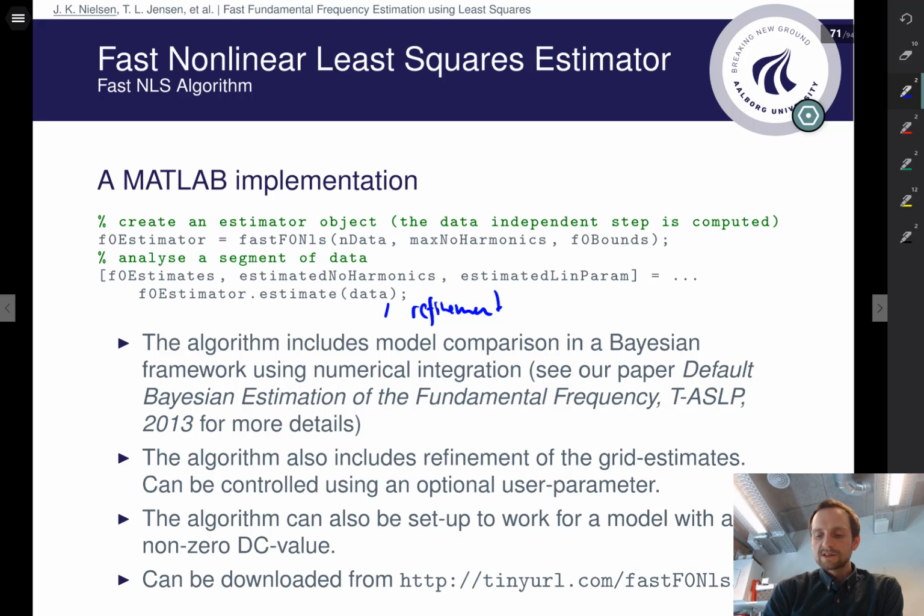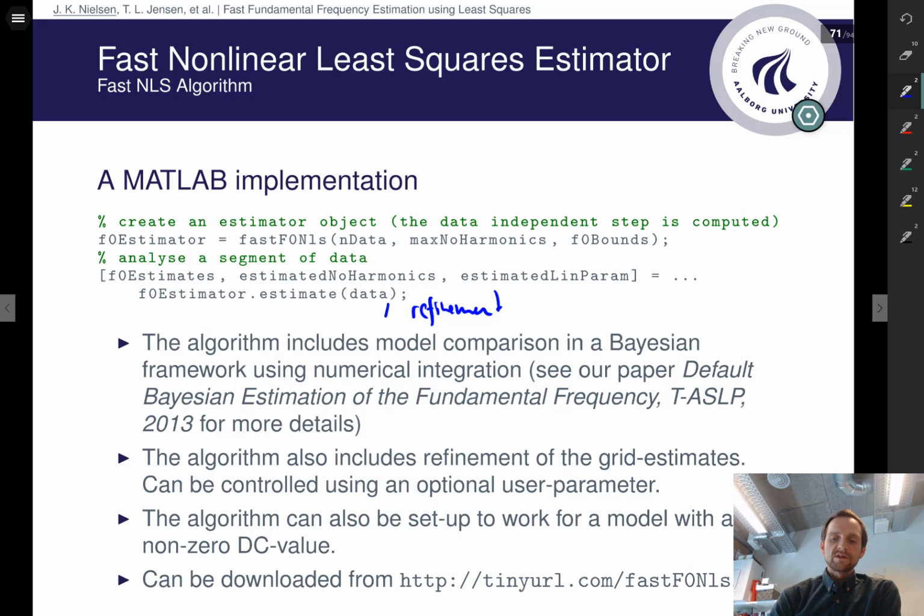I think the default is 10 to the power of -8 cycles per sample. So that's quite low, so it's a very accurate estimate you get out then.